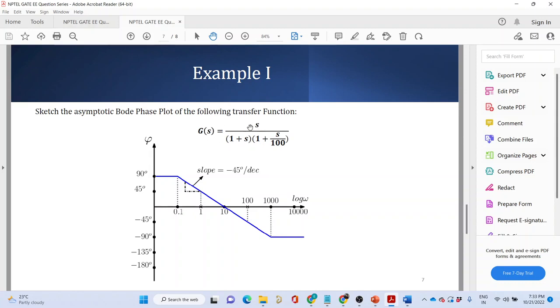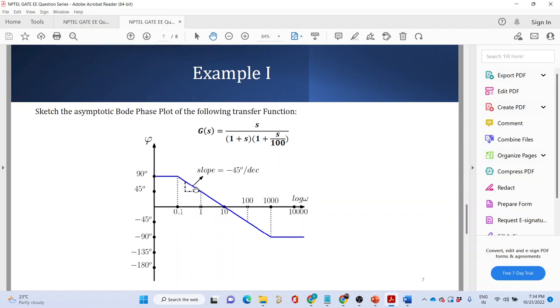When there is a zero at the origin, the phase would start from 90 degree. Then we have a pole at s equal to minus 1. The effect of this pole will start from 0.1. How long will it last? Around 10 times of this omega 0, 10 times of 1, so 10.